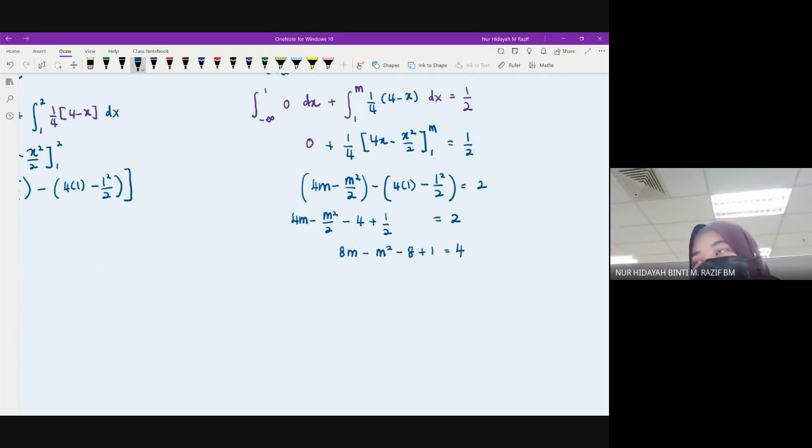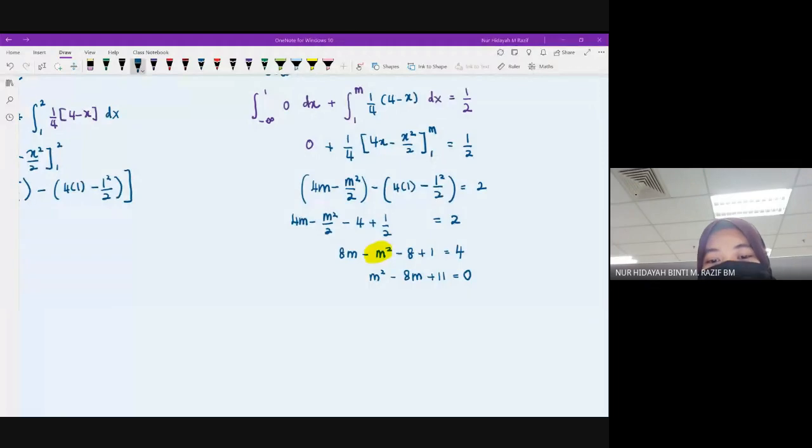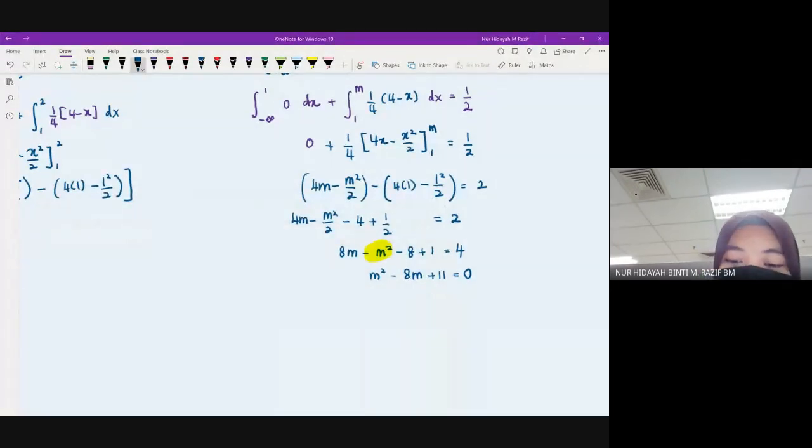So we can have just a quadratic equation di sini. So pindah-pindahkan. So I need to make sure this one positive before I can factorize using calculator. So pindah semua ke kanan. I have m square ditolakkan dengan 8m ditambahkan dengan 11 sama dengan 0. So kita factorize sahaja seperti biasa. That should give me, ini you boleh tekan calculator.